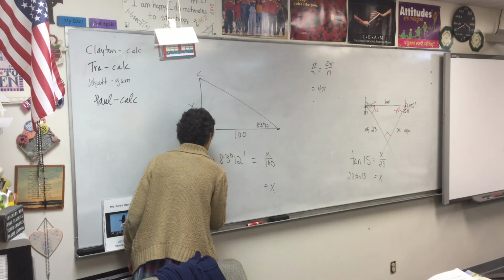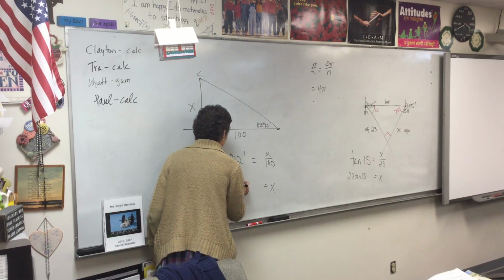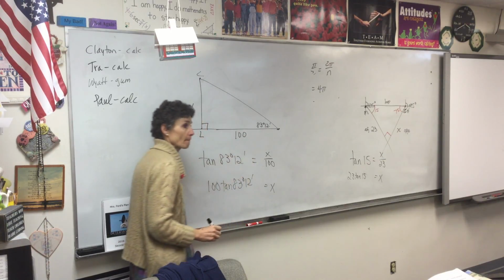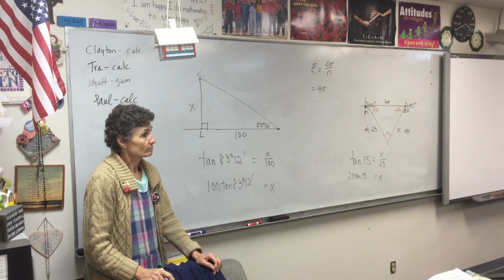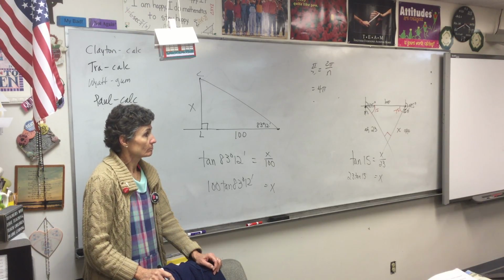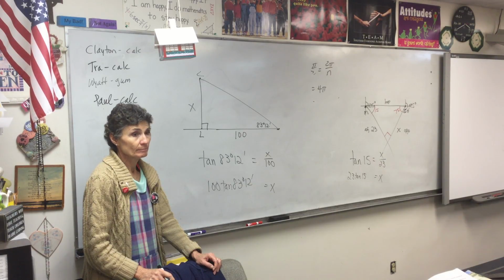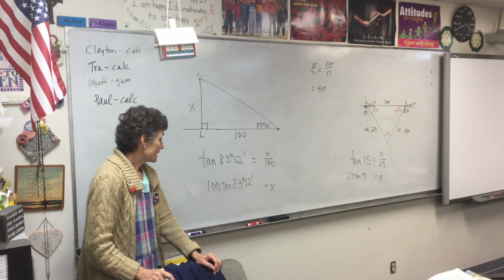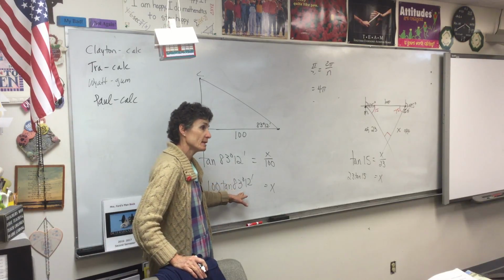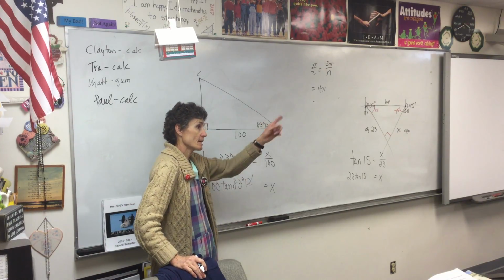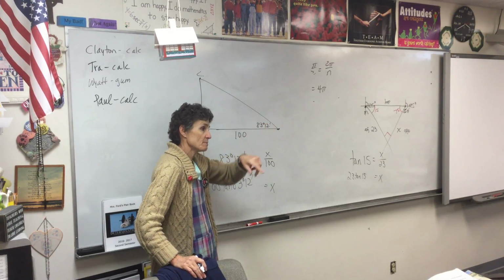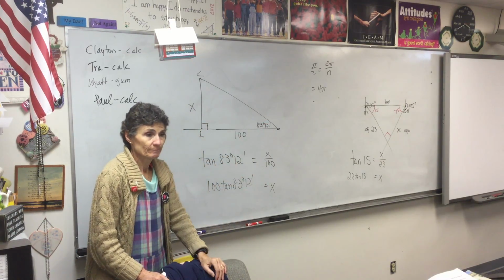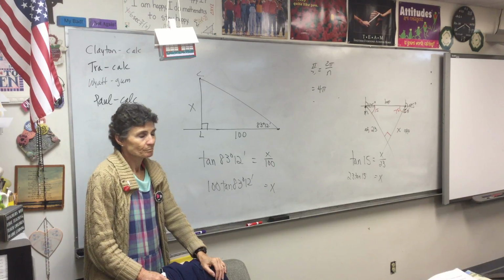So, x equals 100 tangent 83°12'. Everybody okay with that? Type it in your calculator. Remember how to type that in? 83 second apps degrees, 12 second apps minutes. There you go.